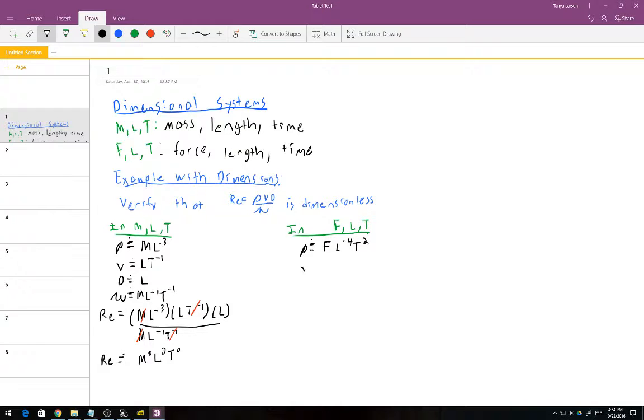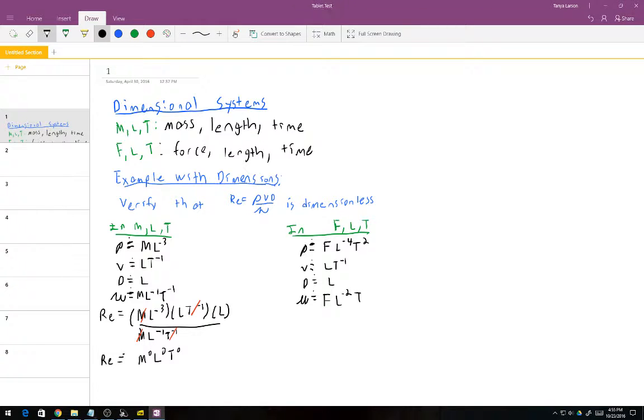And that V, velocity, is dimensionally equivalent to L T to the negative 1, and diameter is dimensionally equivalent to length. As before, that one doesn't change. Notice the velocity and the diameter are not going to change. Logically, the only ones that are going to change are terms that have either an M or an F in them. And viscosity is going to be dimensionally equivalent to F L to the negative 2 times T.